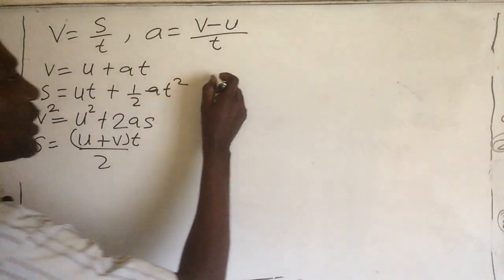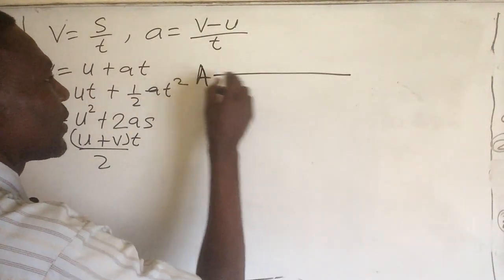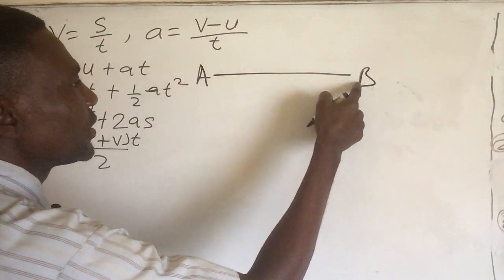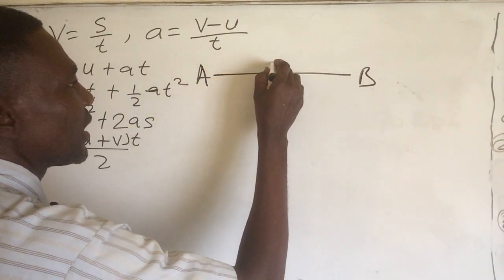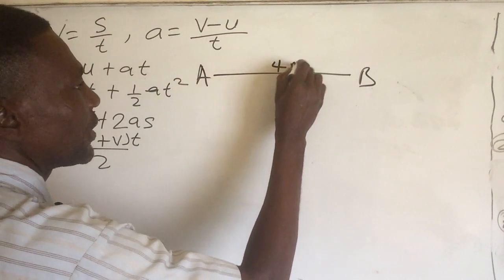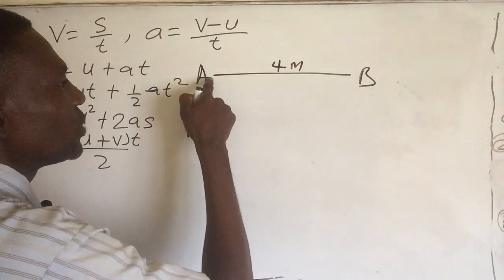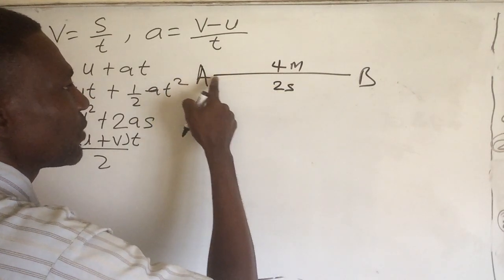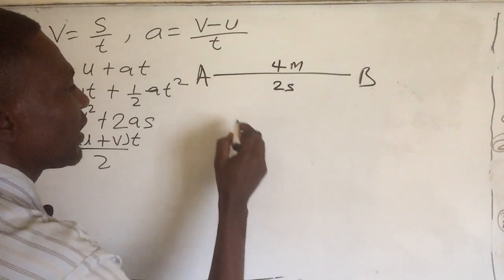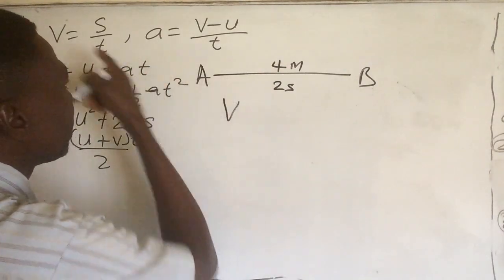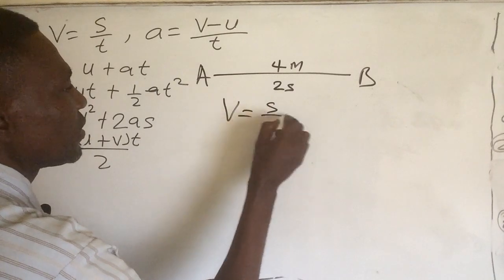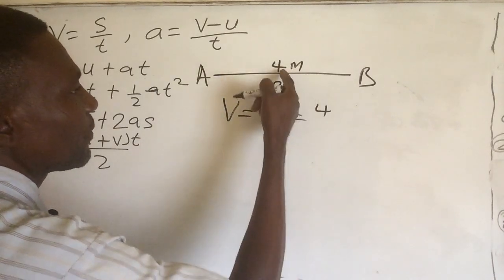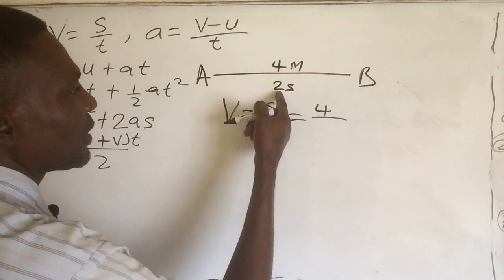So, for example, if a car will cover the distance from A to B, and this distance from A to B is 4 meters, and it will take the car 2 seconds to travel from A to B. The simple calculation with this formula is velocity equals distance all over time, which is our distance 4 over our time 2.